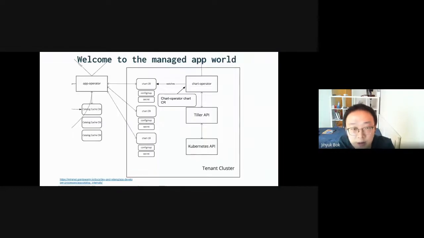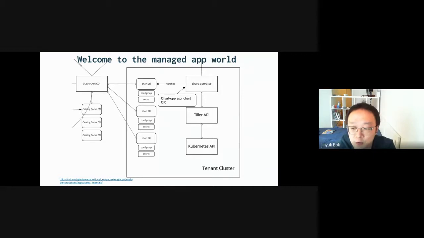For the first one, I need to give you some more overview of the managed setup. As you see on the left side, this is the app operator. The app operator always lives in the control plane side.